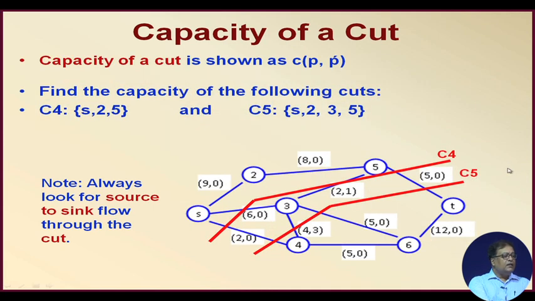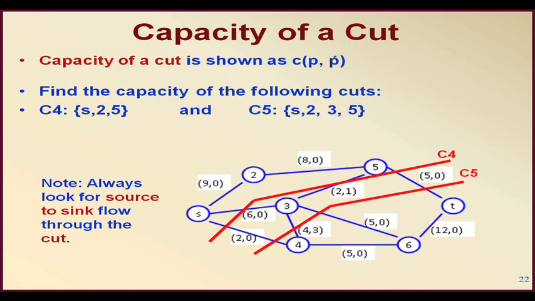But interestingly, this is an interesting example. What will be the capacities of the cuts C4 and C5? That note is whatever I was trying to tell you, it is given here. Always look for source to sink flow through the cut, right.